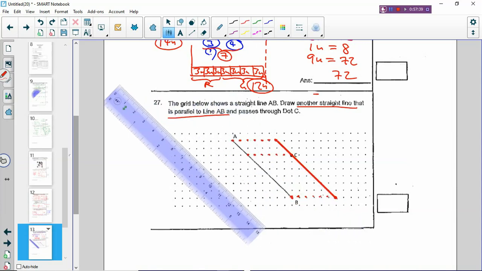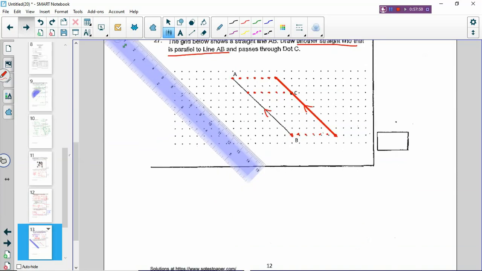Okay, and after you have drawn already, then you need to draw 2 arrowheads to show the 2 lines are parallel. Without the arrowheads, you may lose 1 mark. Okay, so that's how you draw another line that's parallel to AB, and it has to pass through the dot C. Okay, next one. Let's go on to the next question.